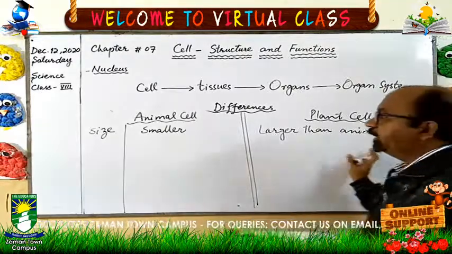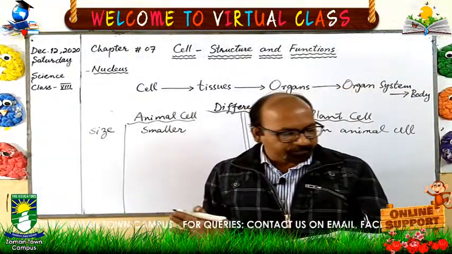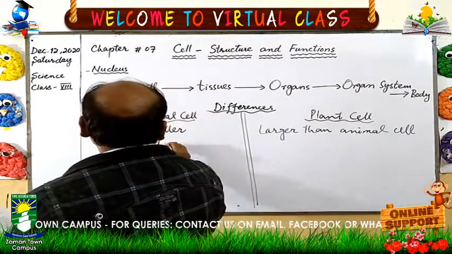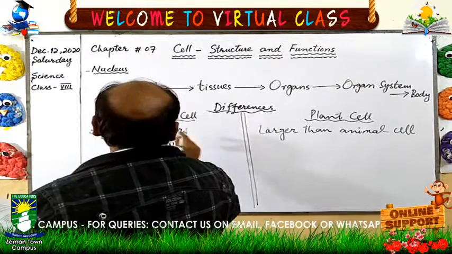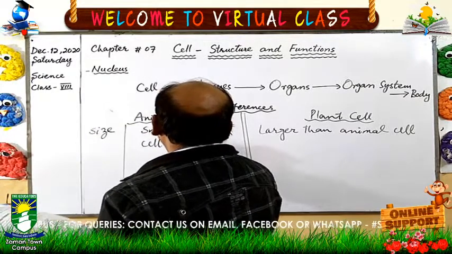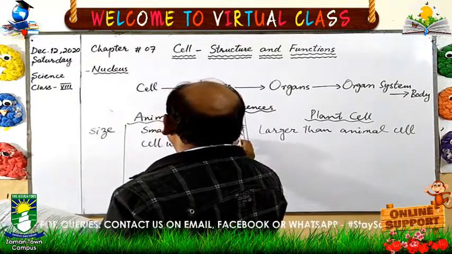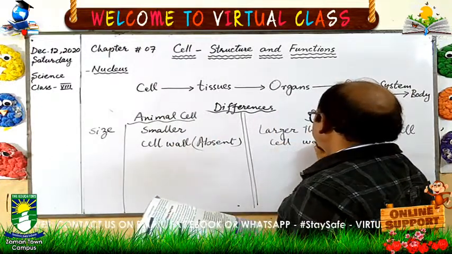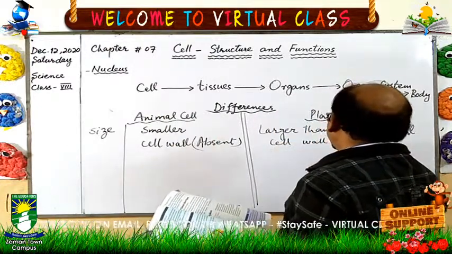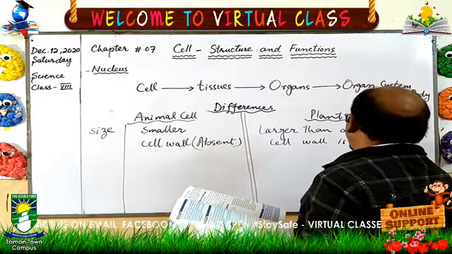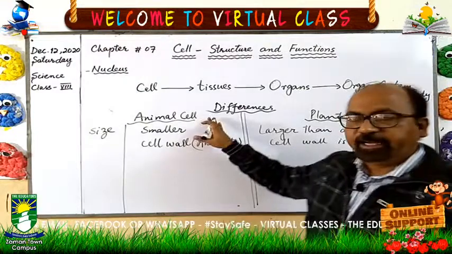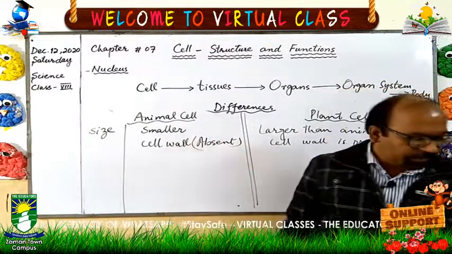In the animal cell the cell wall is absent, and in the plant cell the cell wall is present. So in plant cell, the cell wall is present, while in animal cell it is absent.